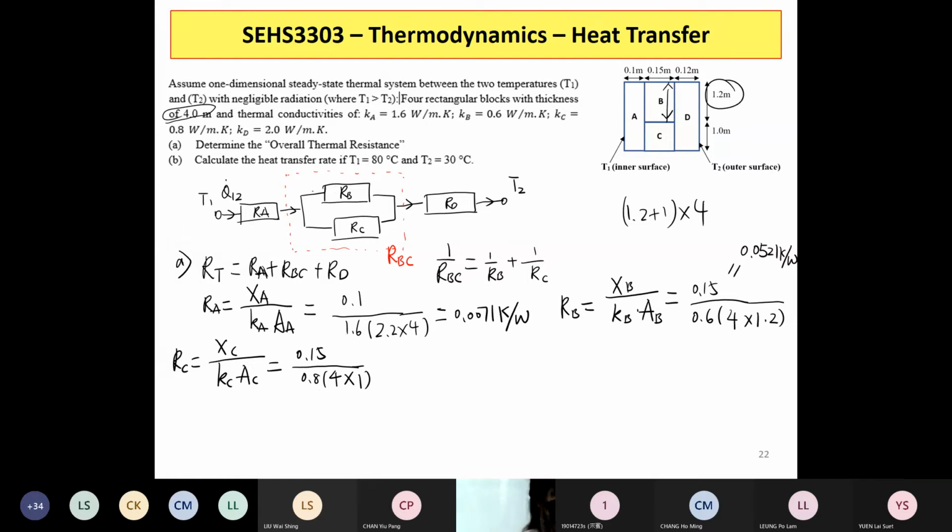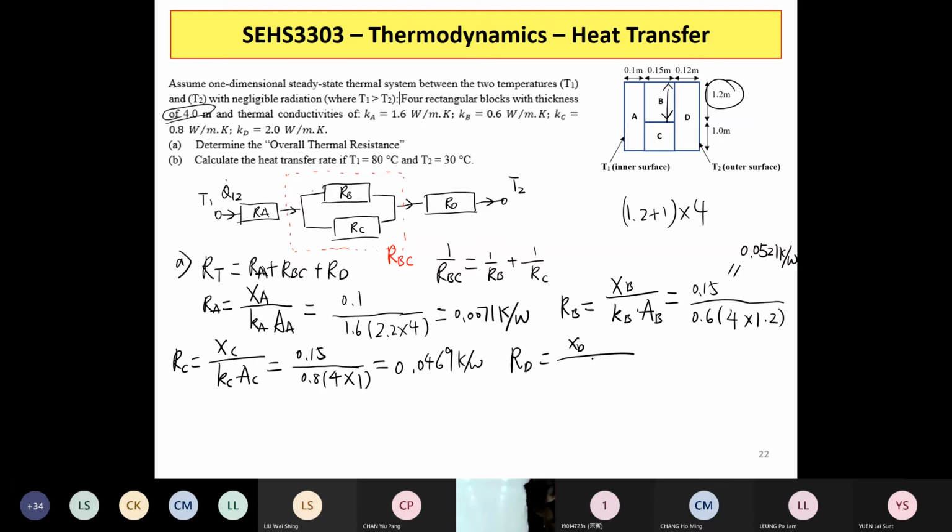Remember, the area is the area normal to the heat transfer direction. So it should be in this direction, in the YZ plane. That is 0.00469 K per watt.